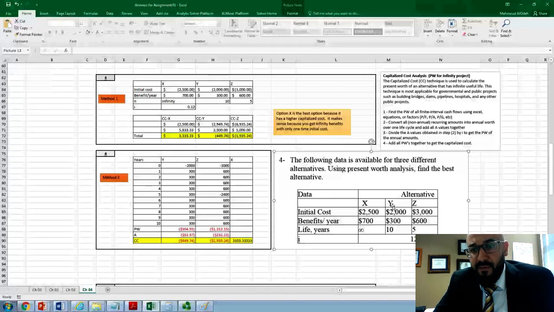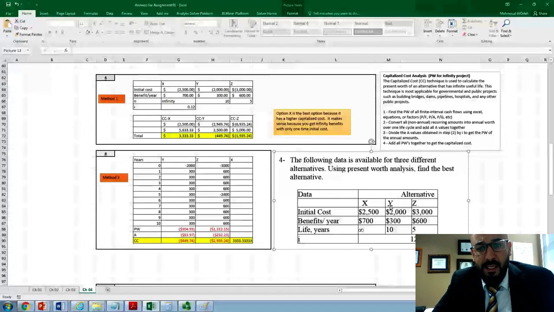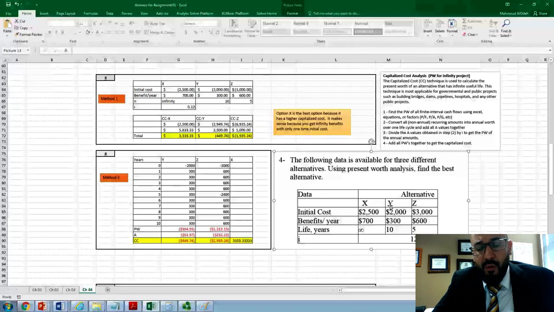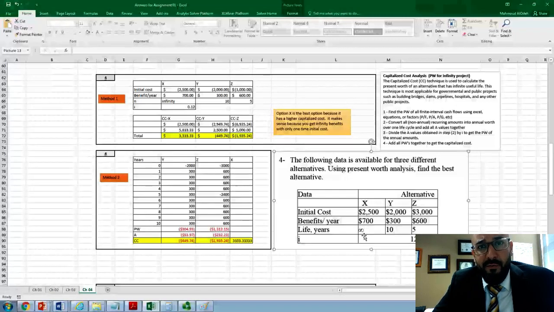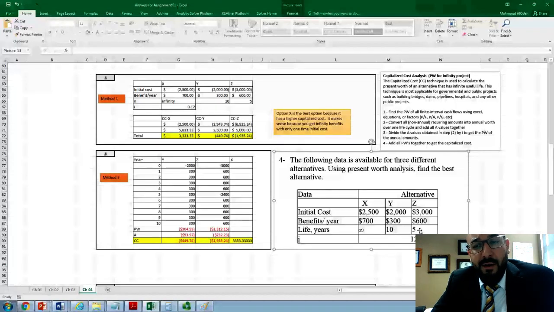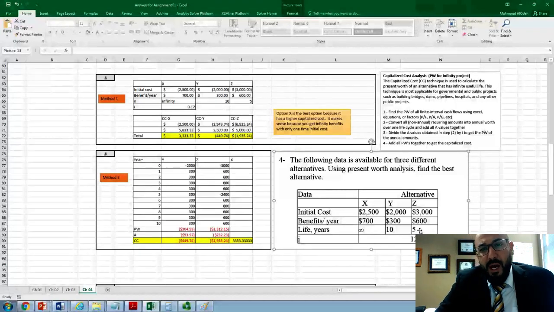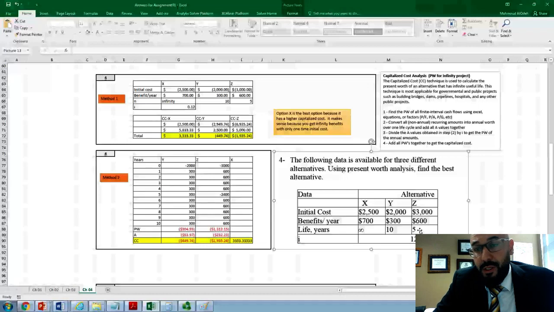You see, we have 3 alternatives, X, Y, and Z. Each one has an initial cost, benefit, and life in years, and interest rate 12%. Alternative X has infinite life, Y is 10 years, and Z is 5 years. How could we conduct the present worth analysis, or what we call the capitalized cost?